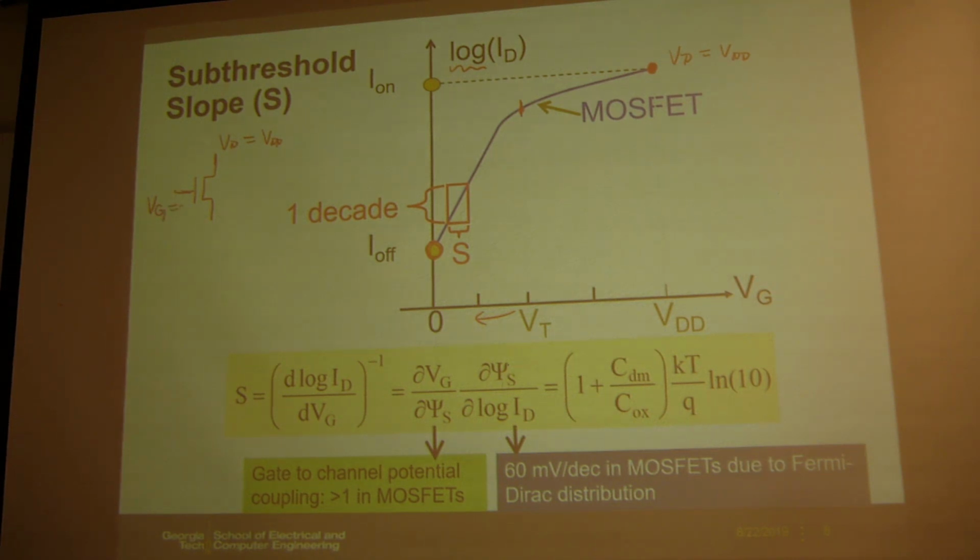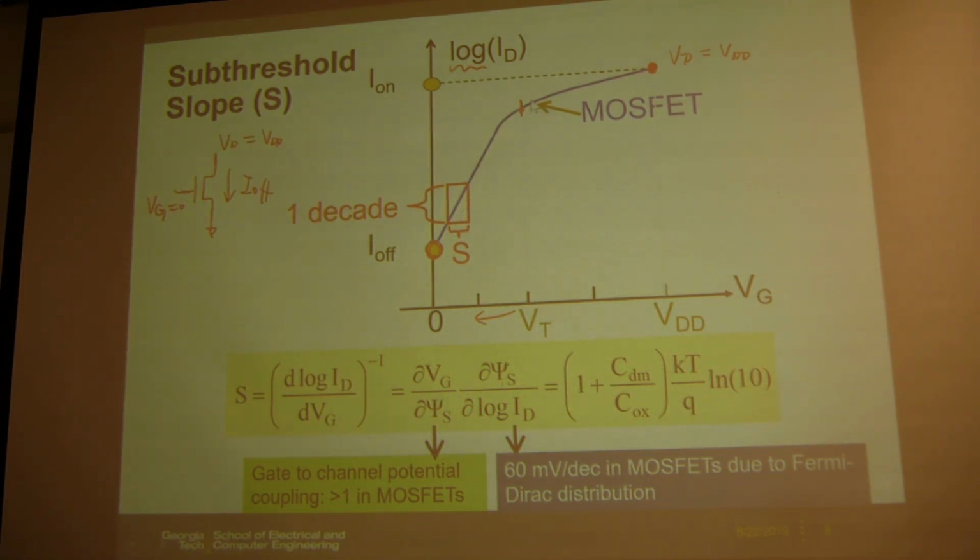VG equals 0, and there's still current here, and this current is defined as I off. Of course, when the drain voltage becomes 0 and gate voltage becomes 0, then of course current is 0. But here the drain voltage is not 0, so you still have some current.